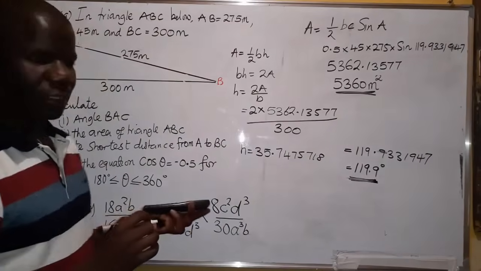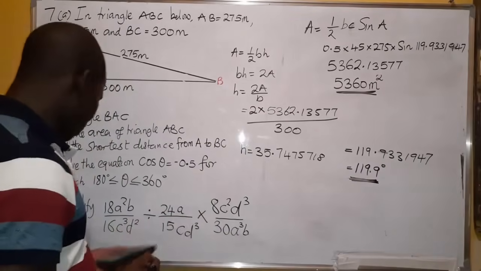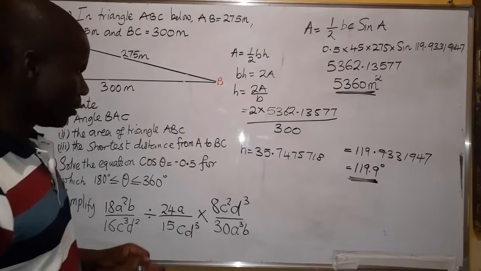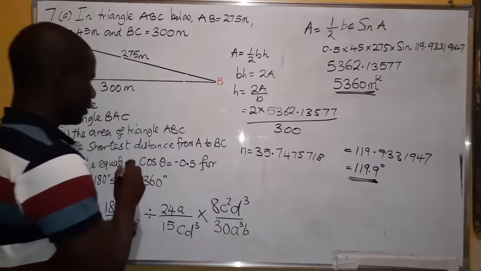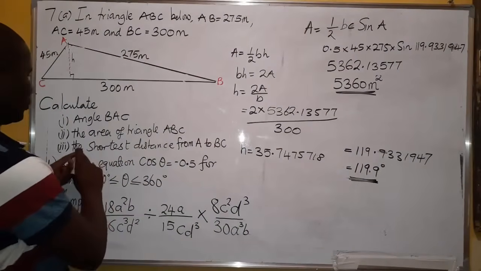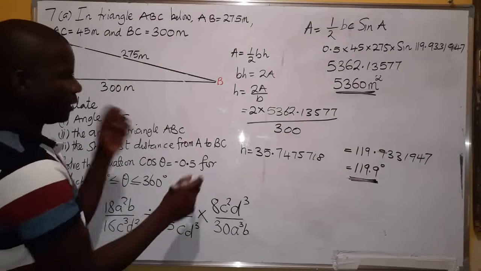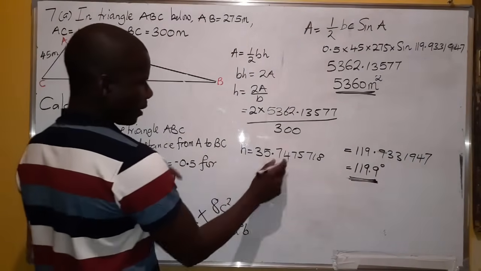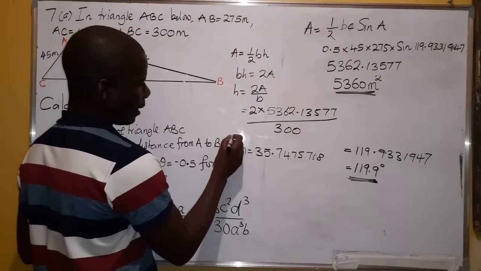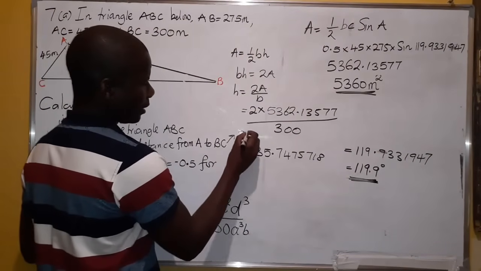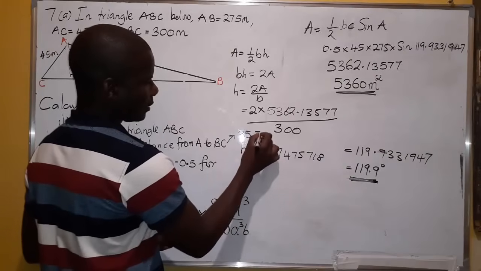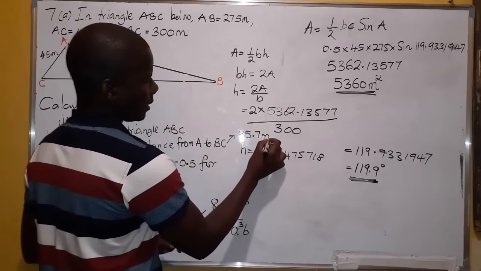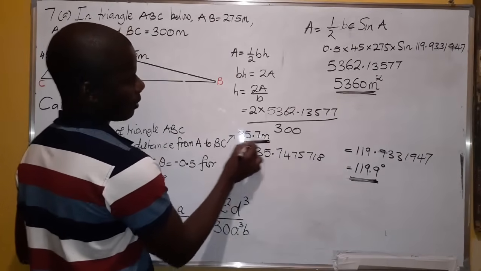For such answers, we are told we need to round off, or write them correct to 3 significant figures. So the shortest distance from A to BC, we round off. What are we going to get? Our answer is going to be 35.7 meters.